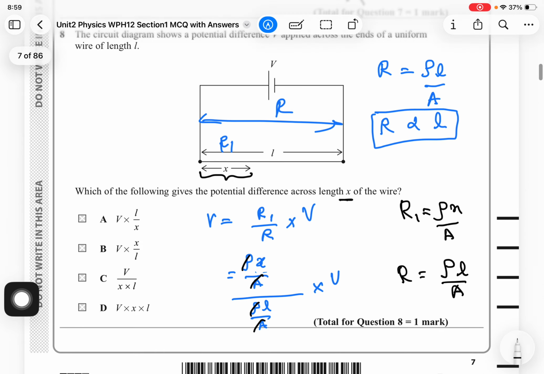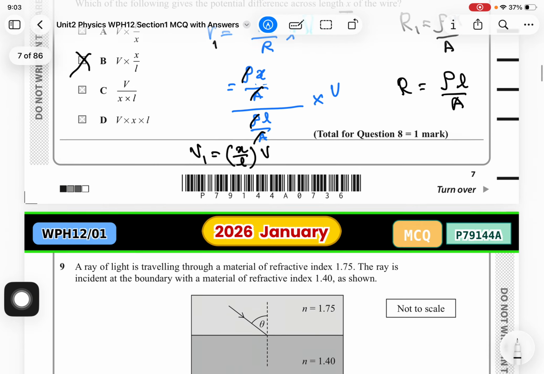So what we have is X divided by L times V. That is the voltage here. So according to that, the answer we're going to get is X divided by L.